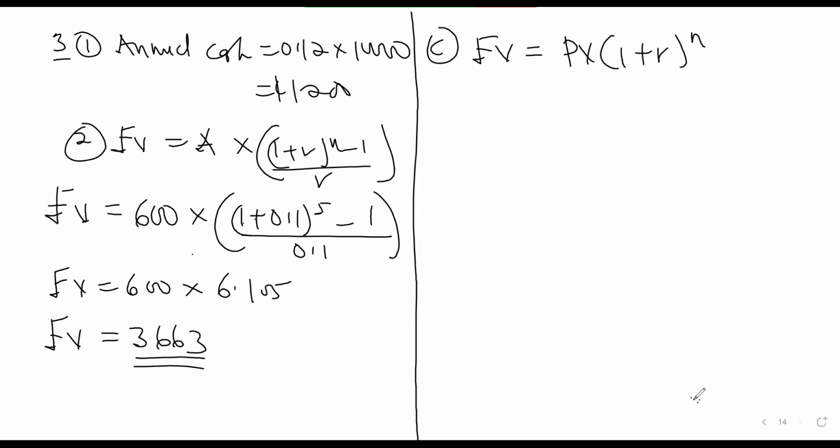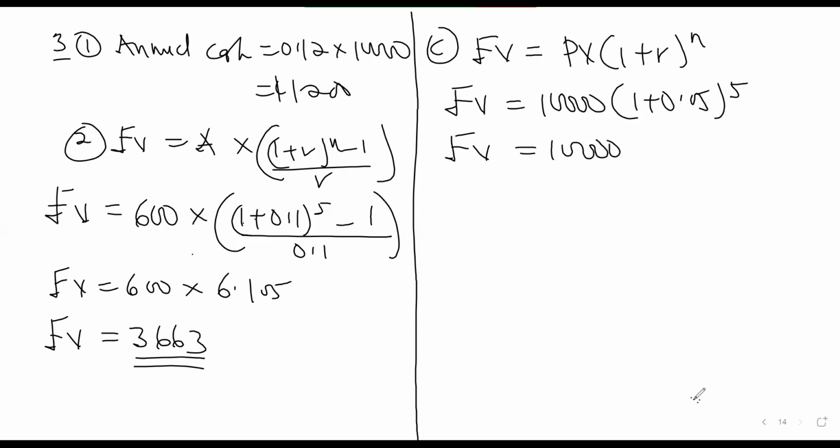But if you are going to be putting an equal amount there at the end of every year, then that is what we call the annuity. So we have the future value is equal to the 10,000 into bracket 1 plus 0.05 exponent 5. So we'll be having 10,000 times 1.05 exponent 5.